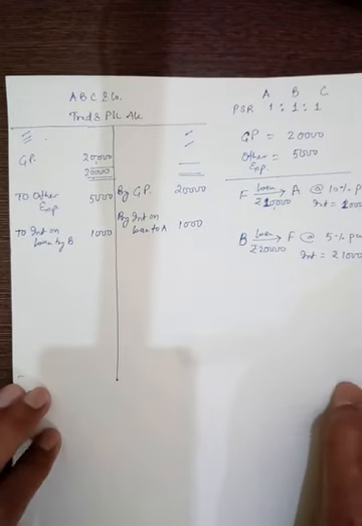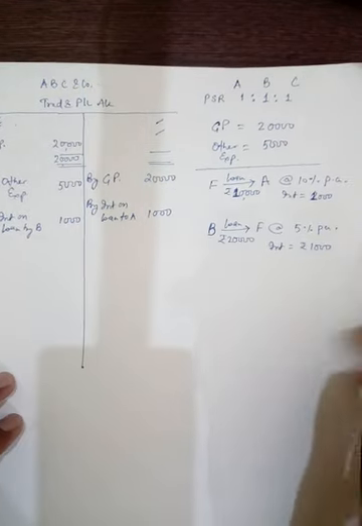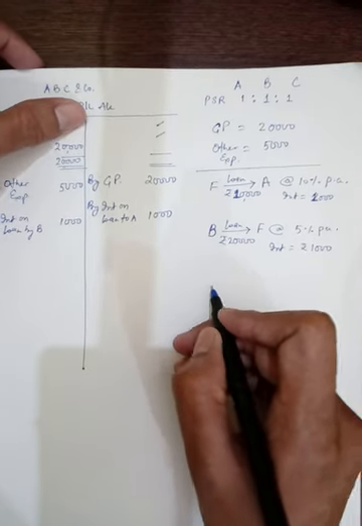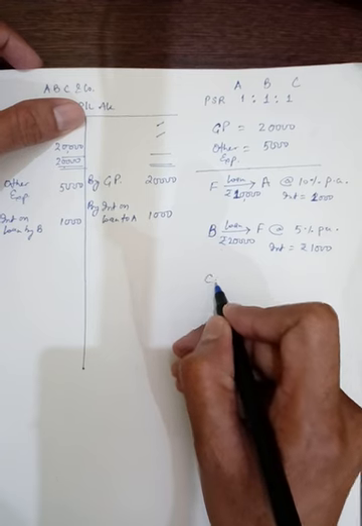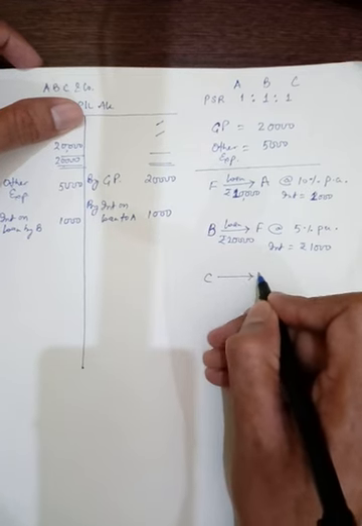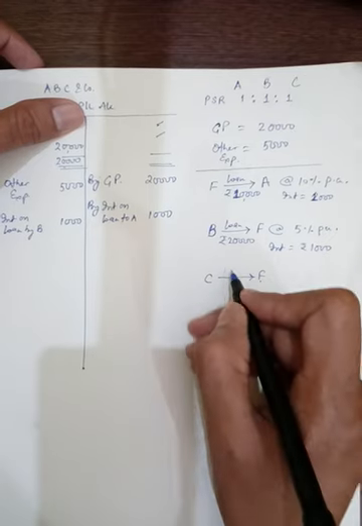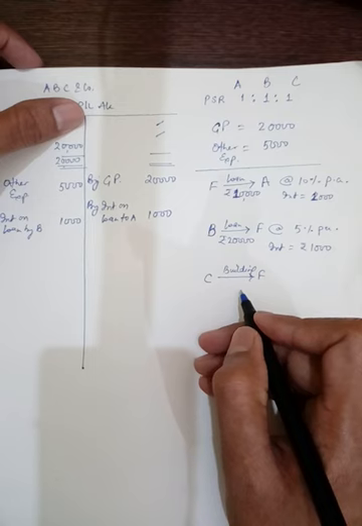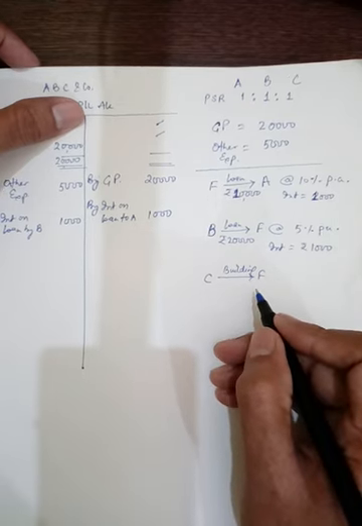Now the third thing that you are given in the problem is that suppose partner C has given his building to the firm for official use.